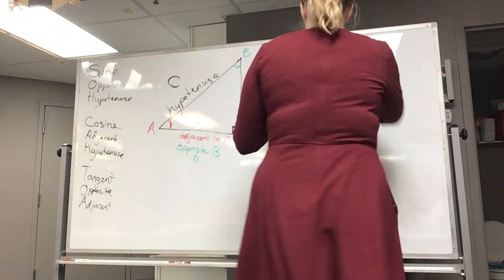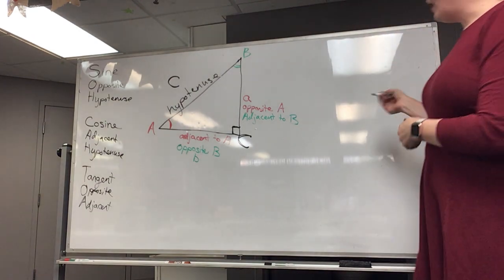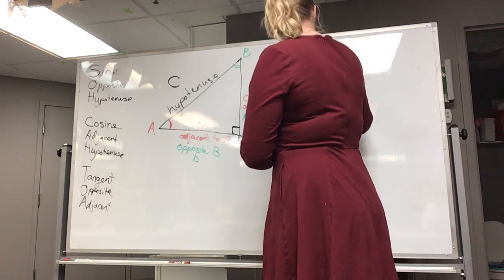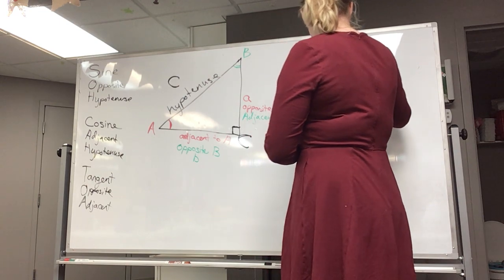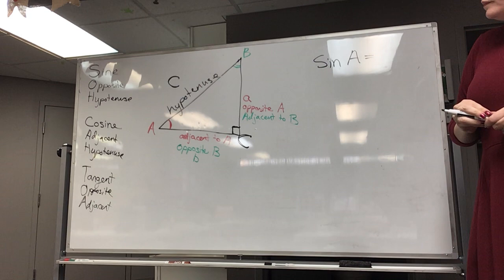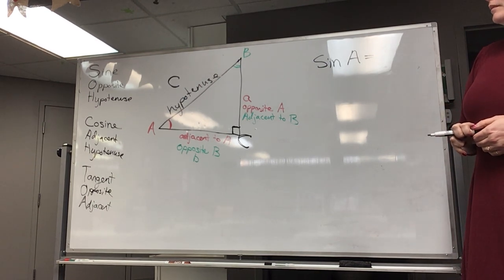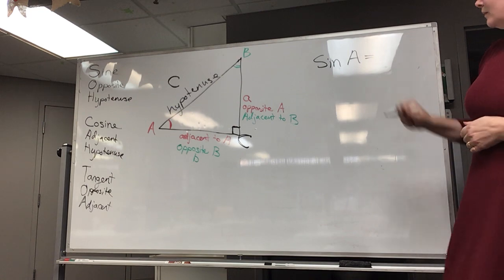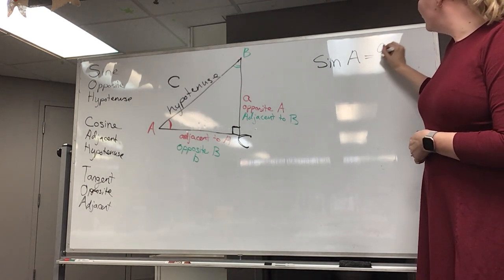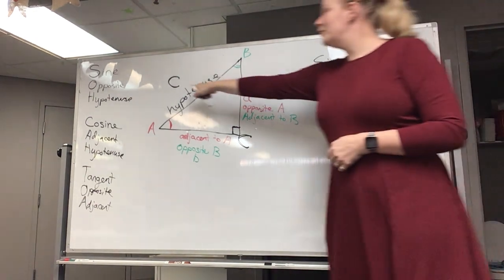And so, if I talk about the sine of A, it will be what? It would be little a over C, our hypotenuse.